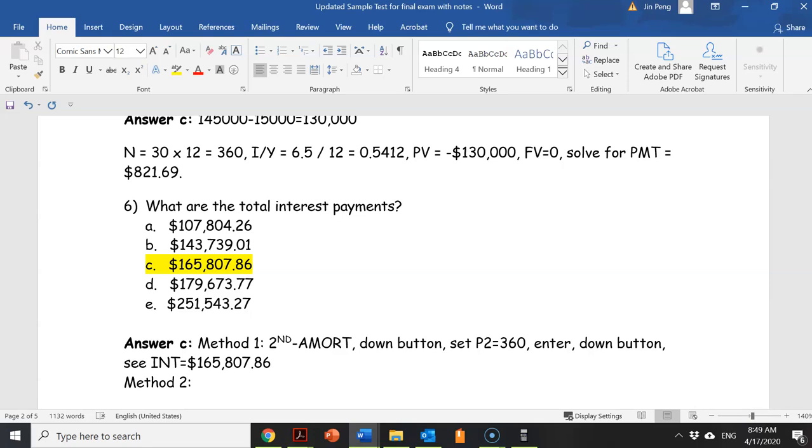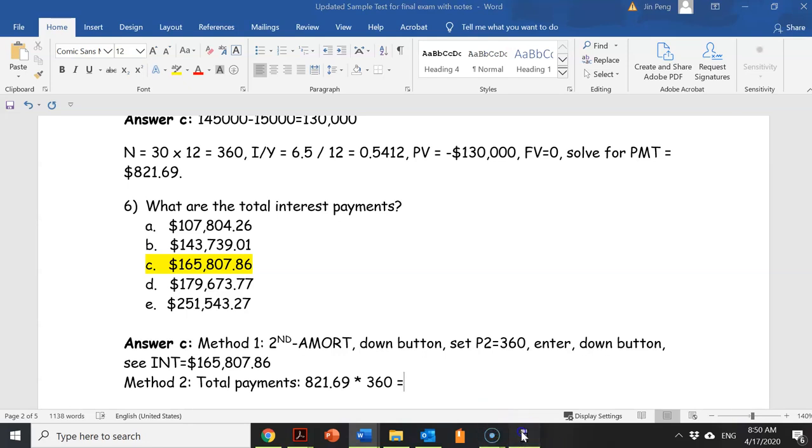Another way to solve this question is that the total payments we pay would be each monthly payment, 821.69, multiplied by 360.